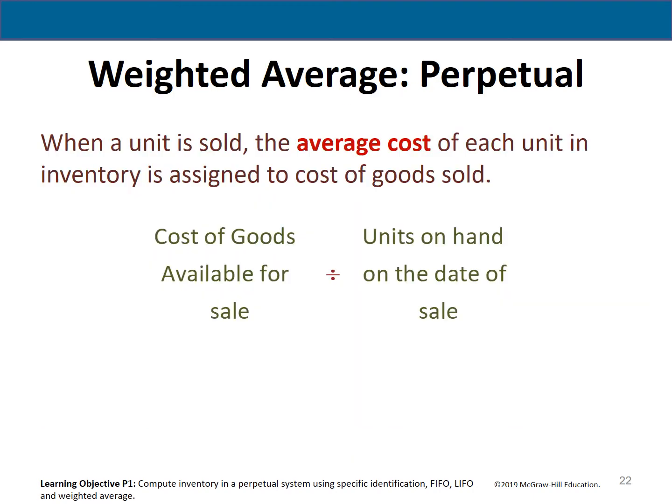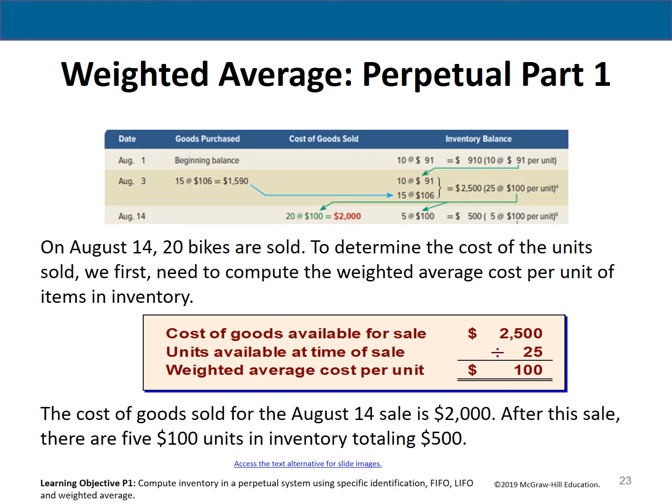The final method is average cost. Okay, so what we will be doing is determining the average cost of the units. All right, we are going to use what's called weighted average.